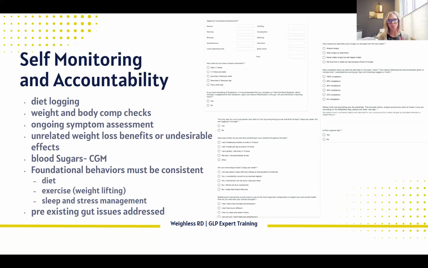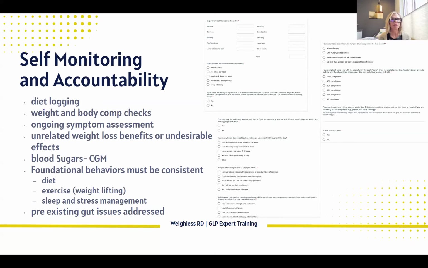But I'm going to run through some things that we use. So diet logging, the dietitian's favorite tool. I do love it, but obviously it can be very subjective. So knowing what the patient is eating, and not only that, holding them accountable for it, doing weight and body composition measurements and checks, doing ongoing symptom assessments.